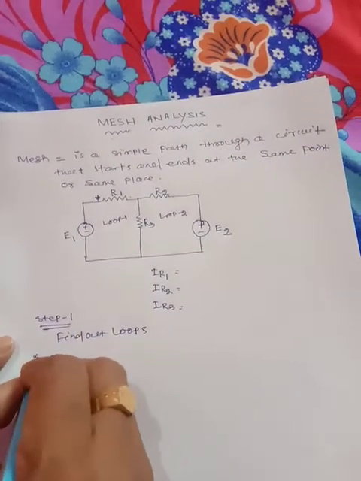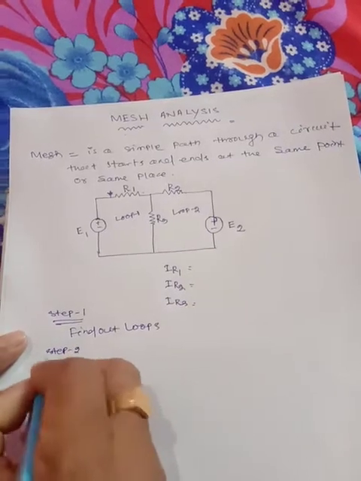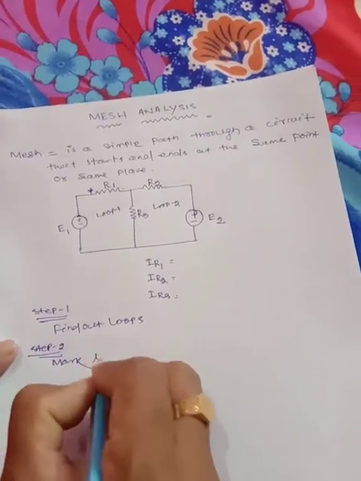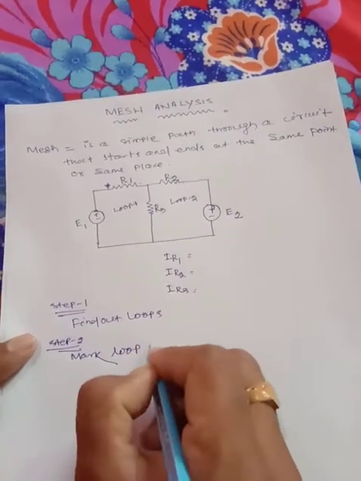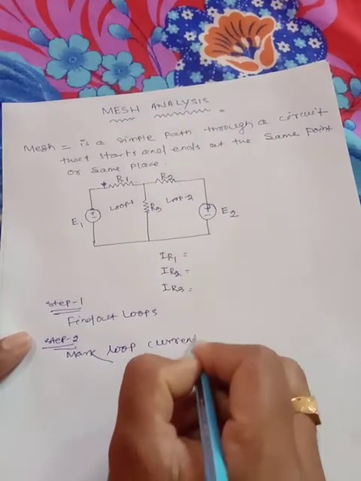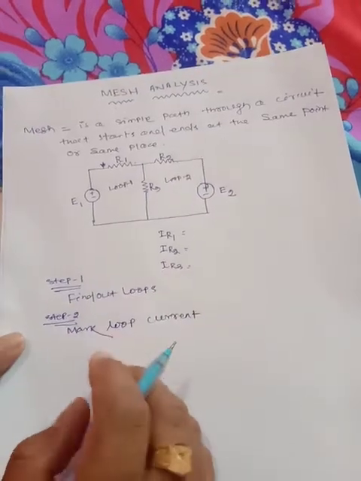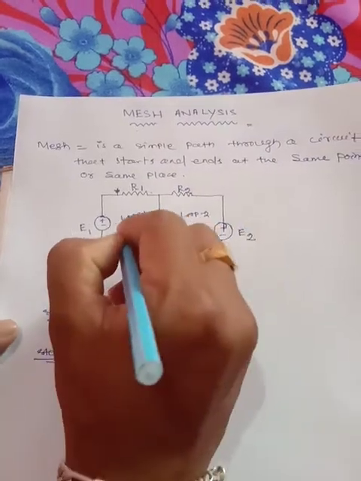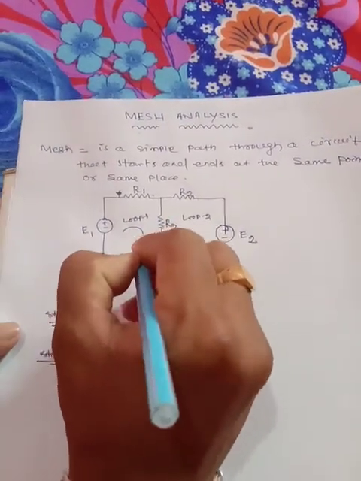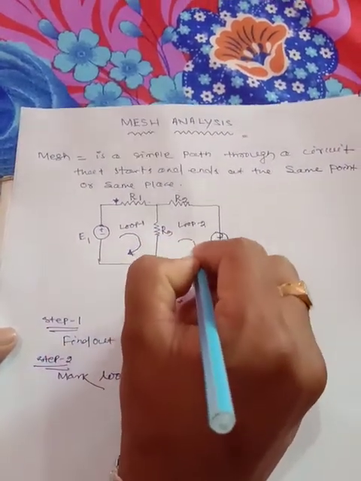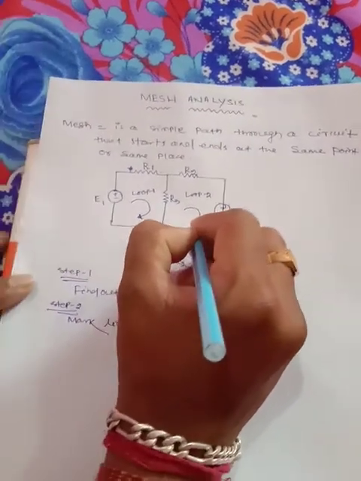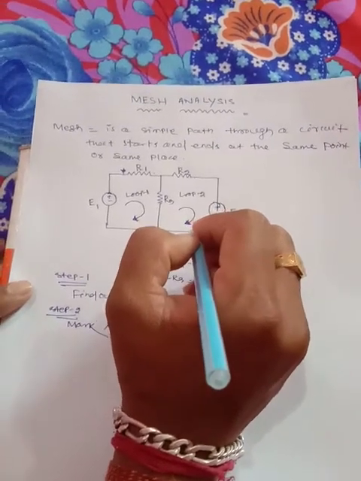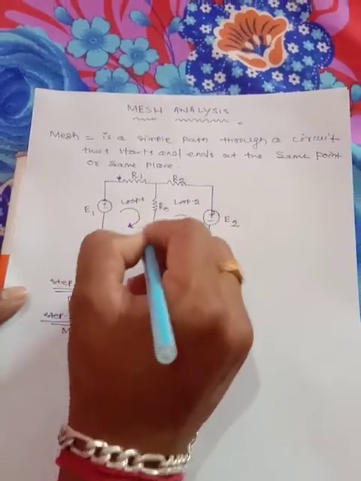In step 2, mark the loop currents. I will consider the direction of current; it could be anything, randomly either clockwise or anti-clockwise.